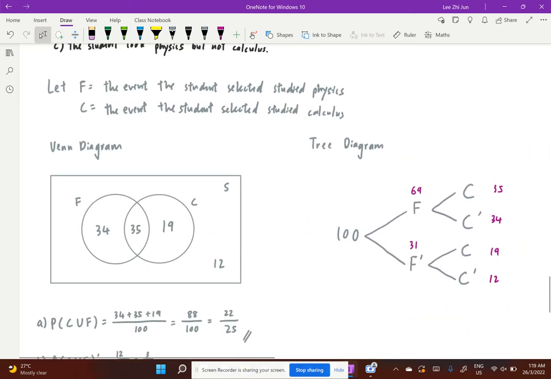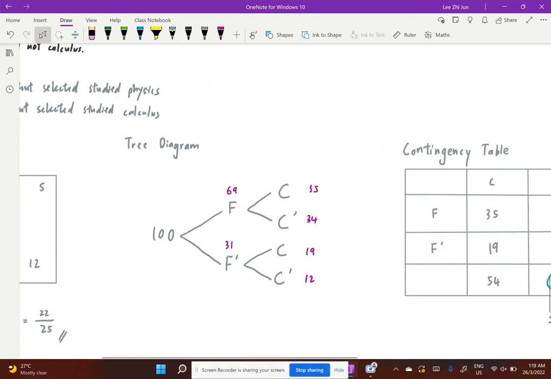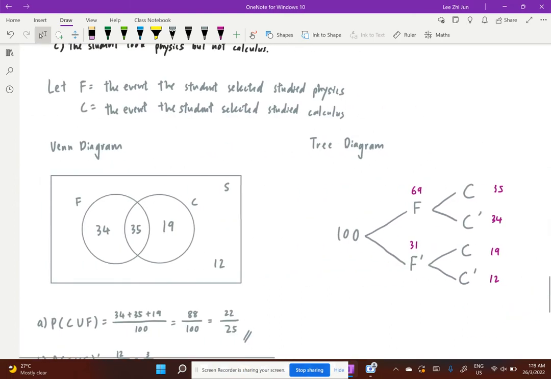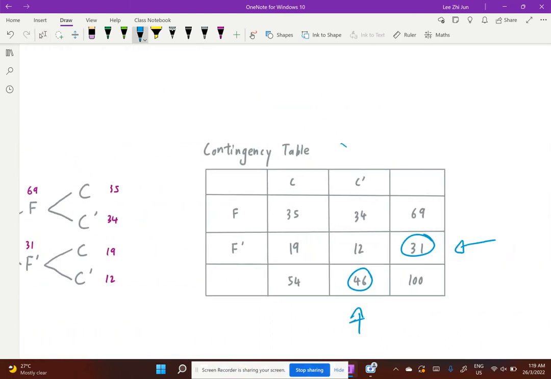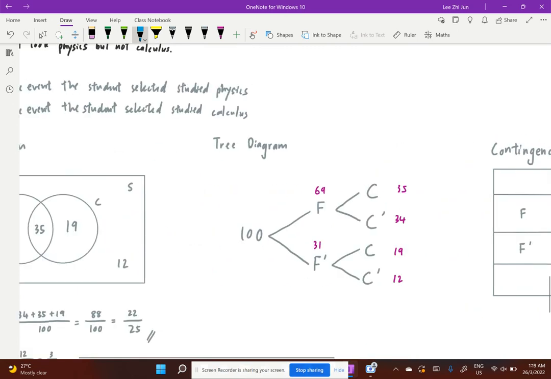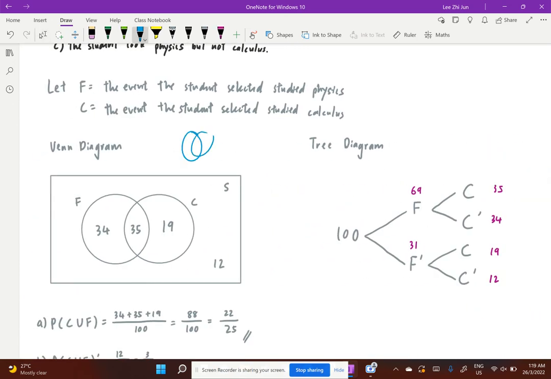But the Venn diagram, I think, is the easiest to draw. So it depends on you, and depends on the question. If you want more detail, you can use the contingency table. If there are many data, you cannot draw so many circles.